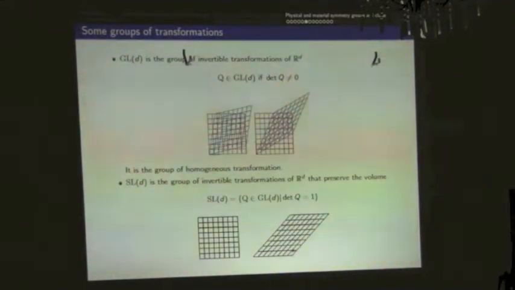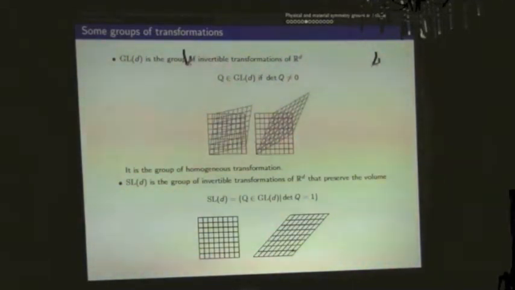So here I will list some groups and give some information about their meaning. As usual, you start with something general, and afterwards you put some restrictions to obtain transformations that are more specific. In our case, the most general group that can be used is called GL(D).